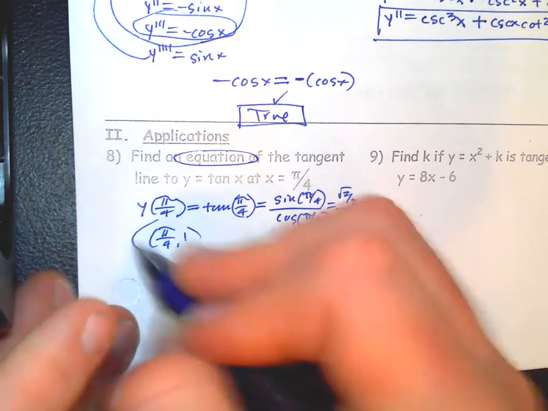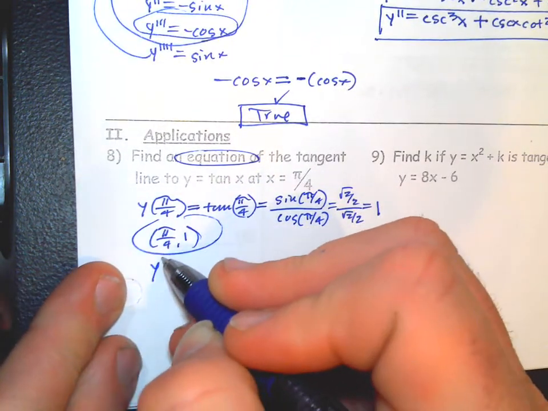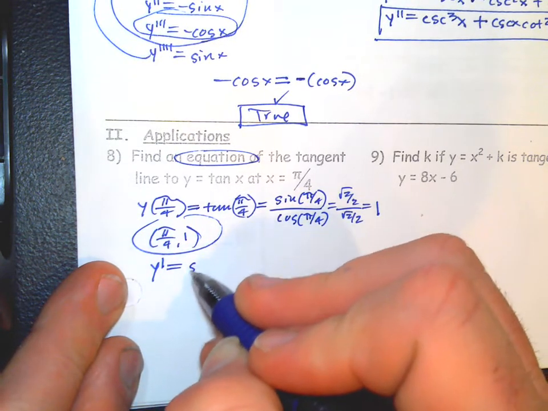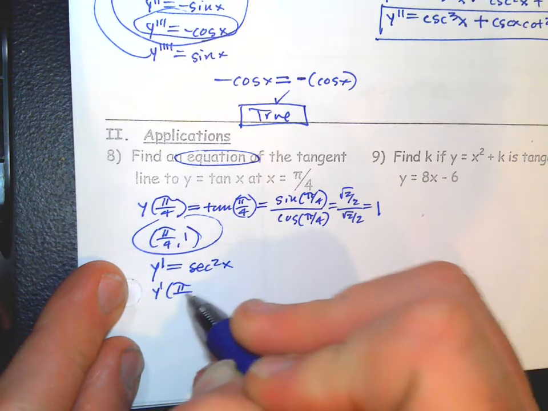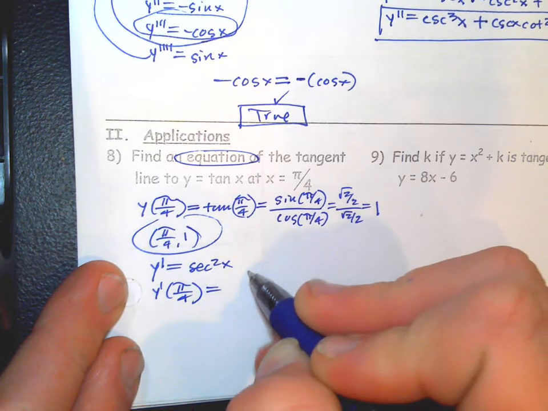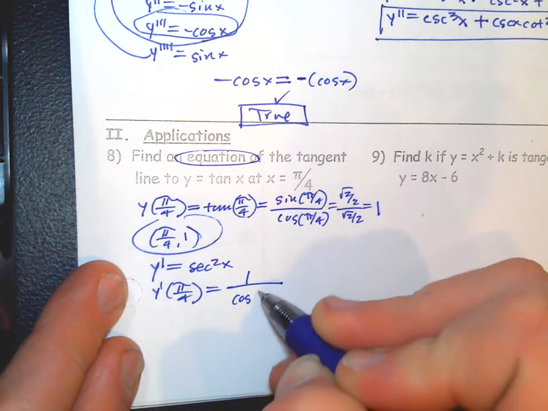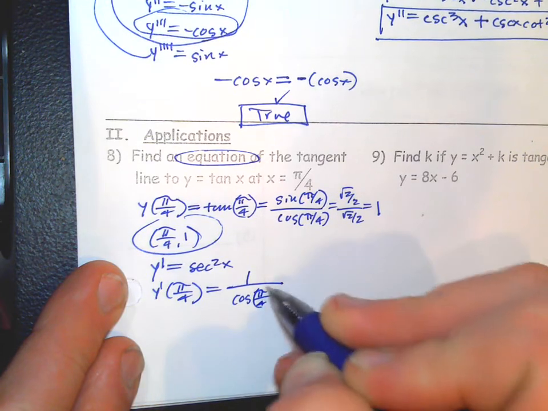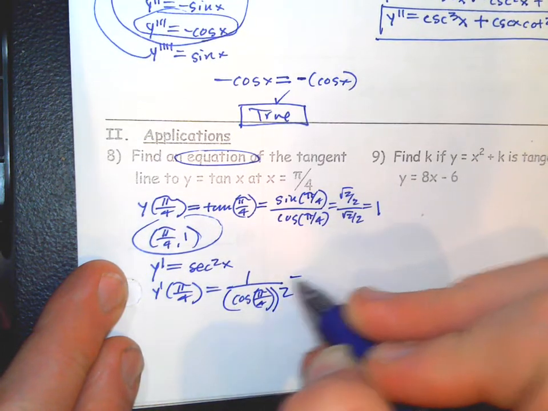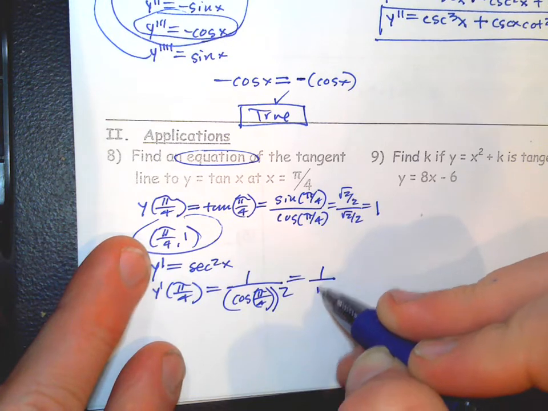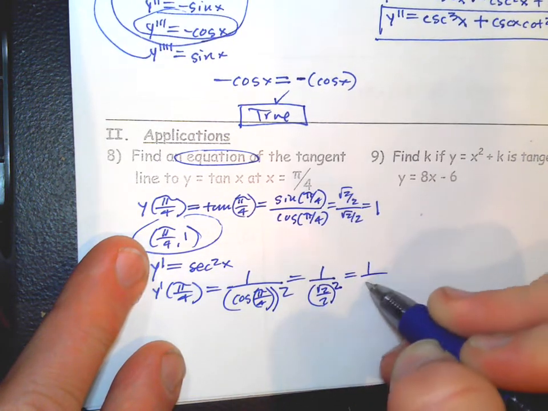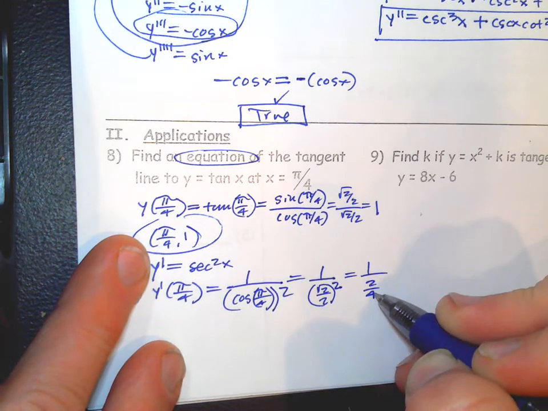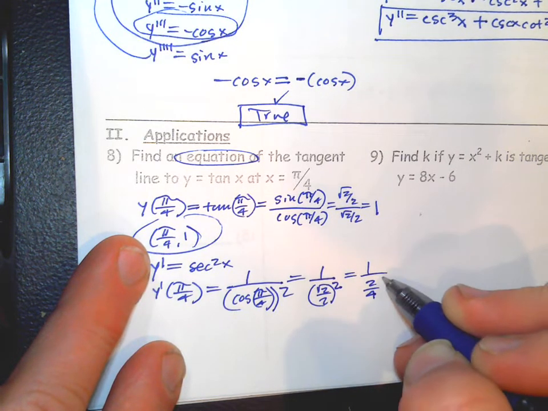You need the slope. So y prime equals derivative of tangent, which is secant squared. So then we're going to plug pi over 4 in. Now, secant squared is 1 over cosine squared. And cosine pi over 4 is root 2 over 2, squared, which is going to be 2 over 4, so 1 over that is 4 over 2.